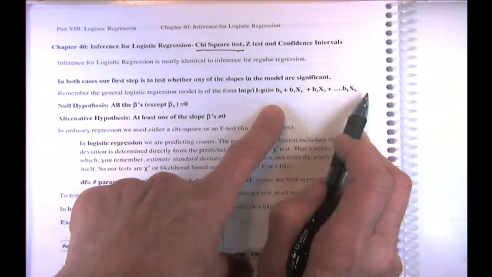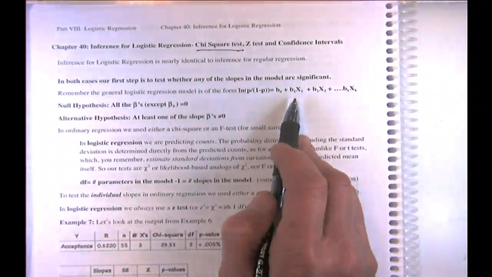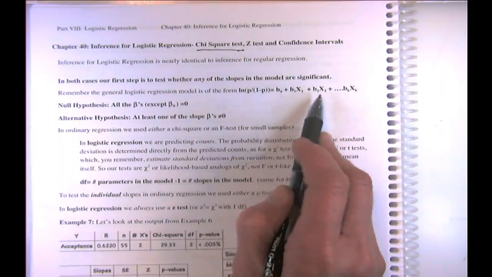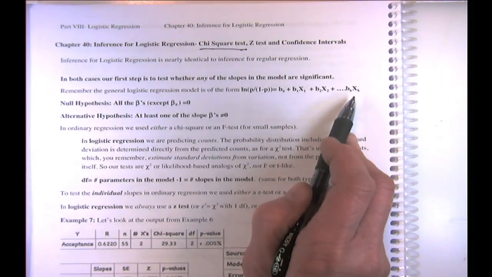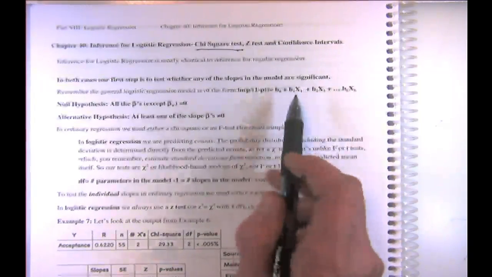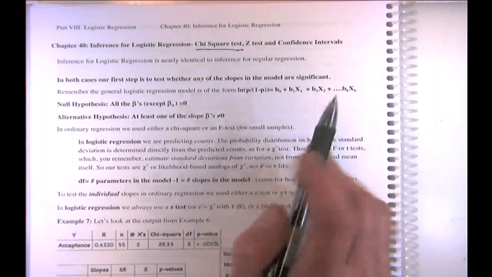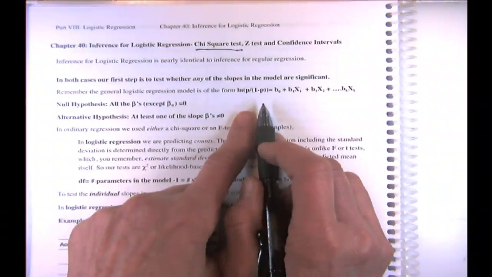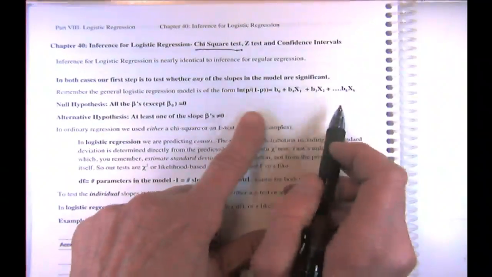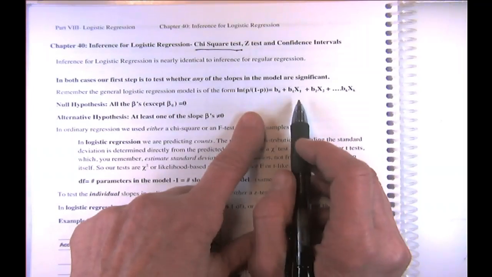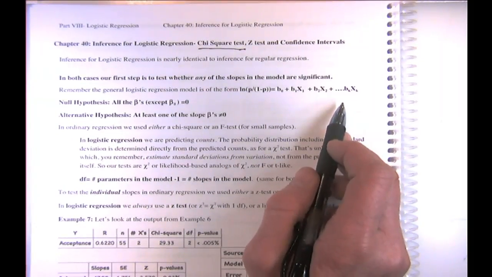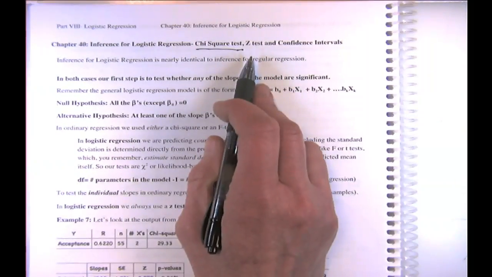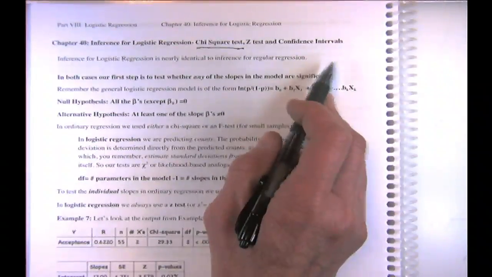We're looking if any of these predictor variables are significant, just like we did for linear regression. And then if this overall effect is significant, we'll see which one of these slopes, maybe all of them, are significant. We're going to use z-tests for the individual slopes, and then we're going to build confidence intervals around them.